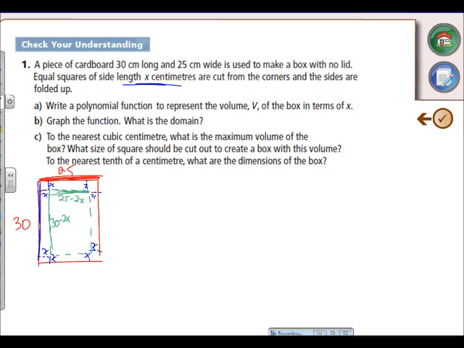That's the base. If we look at our length and our width, we've written those. The height, when we bring this together, is going to fold up with the x's.